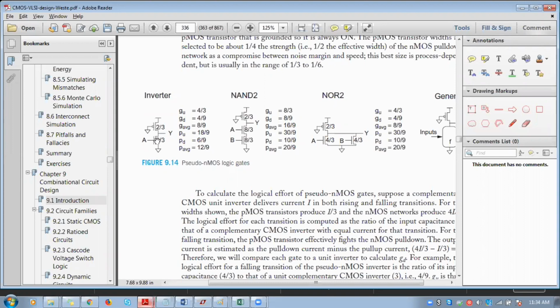So here the expression you will use is R by 3 as the logical effort of this particular A. So 3 is coming from the unit transistor, right? R by 3, here you will be choosing 1 by 4 into R by 3. Sorry, K by 3. Here it is K by 3.